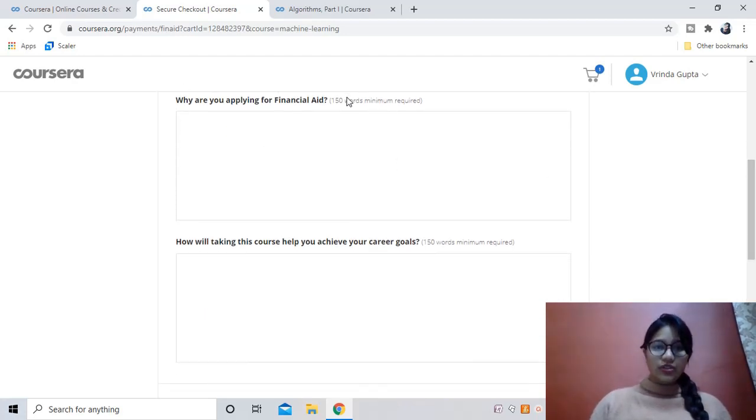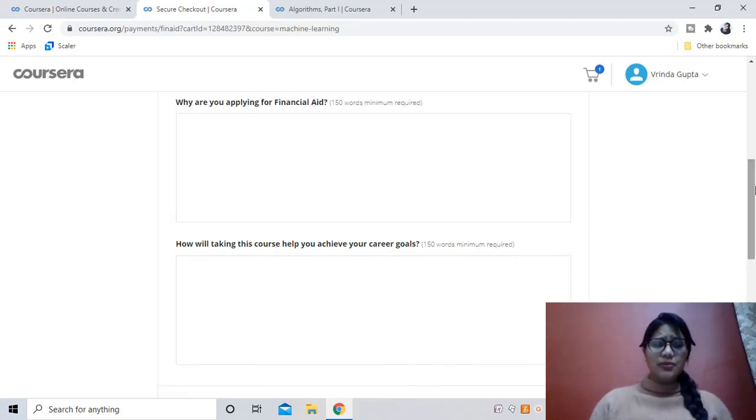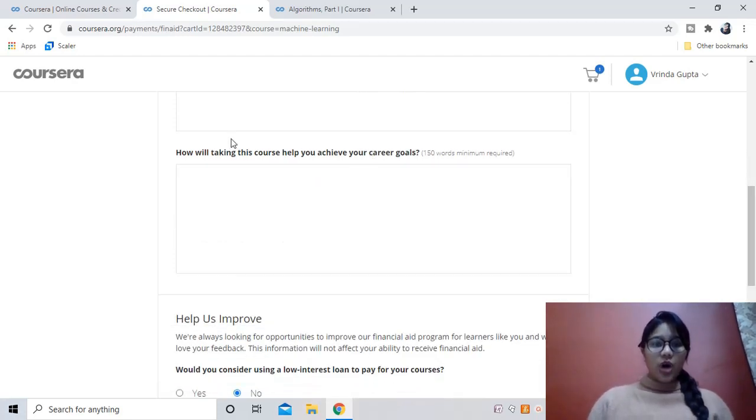Why are you applying for this financial aid? You can mention here that you can't afford it. You can maybe mention your annual income, or maybe your financial background, or whatever it is. Just be genuine. How will taking this course help you achieve your career goals?